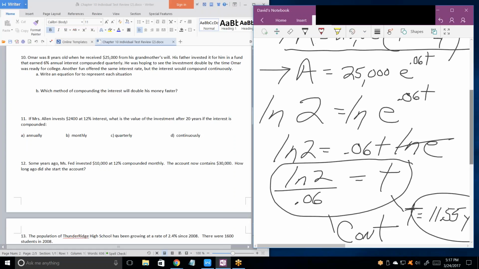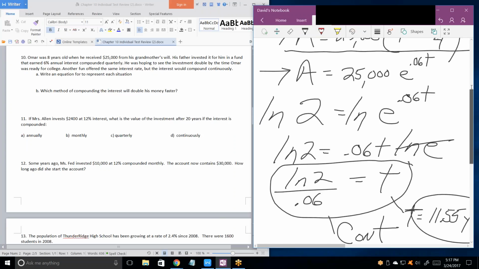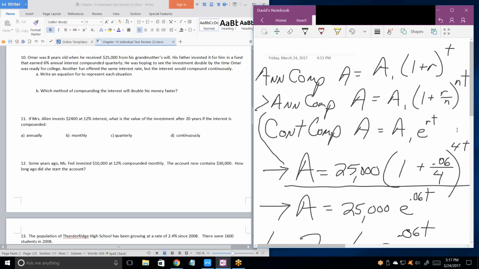Now, these three functions that I wrote at the beginning are really important. I mean, we're looking at 4 or 5 questions here that all deal with these three functions. Question number 10 deals with just the second and the third. Doesn't deal with the first.